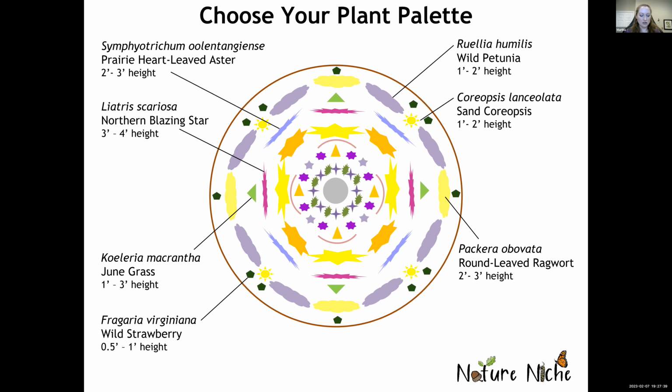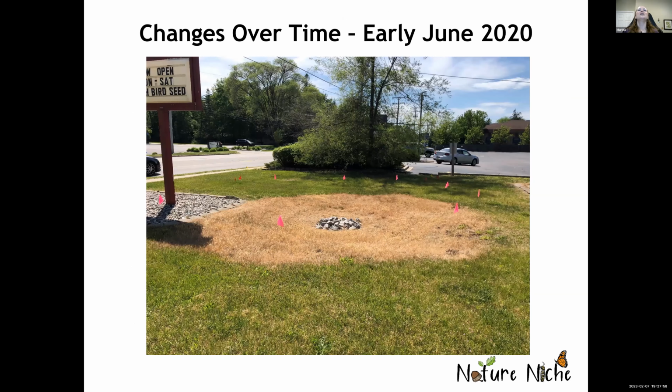And then late summer to fall blooms from purple coneflower, woodland and western sunflower, northern blazing star, prairie dock, and prairie heartleaf aster. So I have at least 16 species out here in my 10-foot radius bed. I've snuck a couple more in, leftovers from some of my native plant sales. But here's what it looked like when I started.